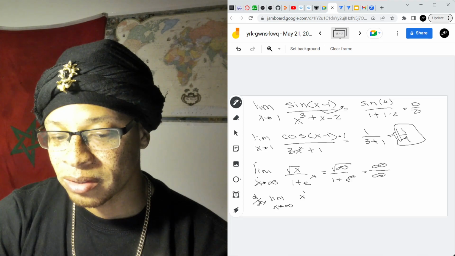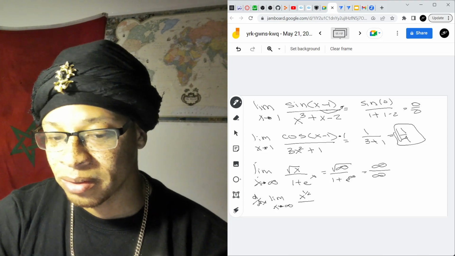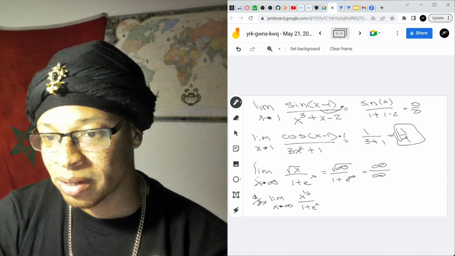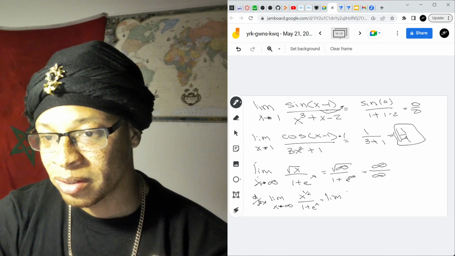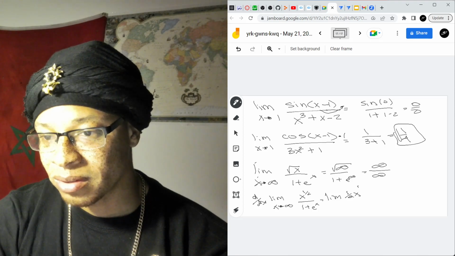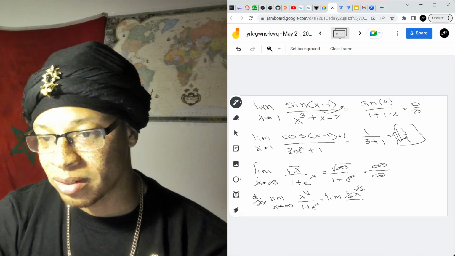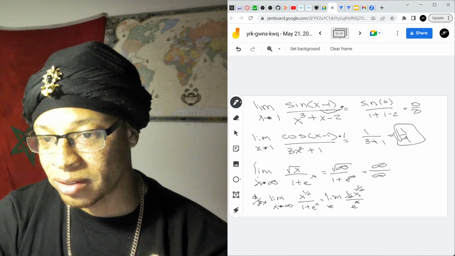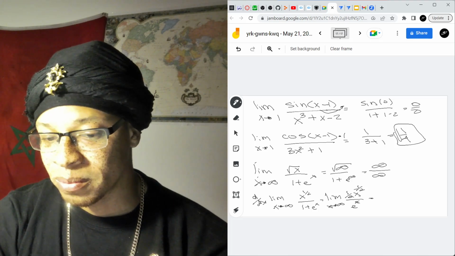x to the 1/2, right? Divided by 1 plus e^x equals the limit of 1/2 x to the negative 1/2, and that's e to the power of x as x approaches infinity, right?